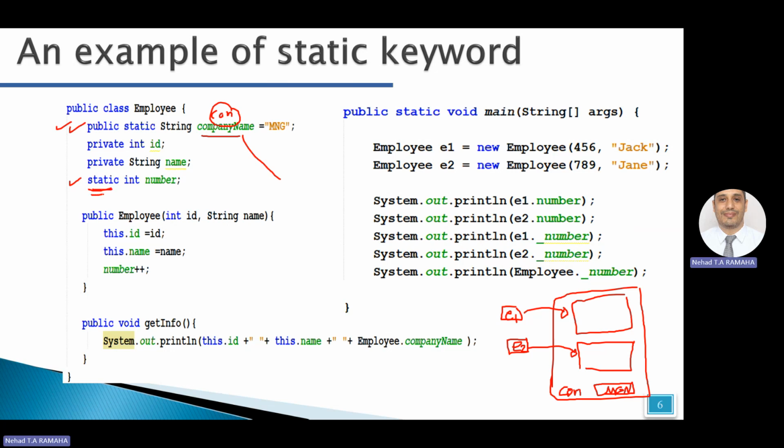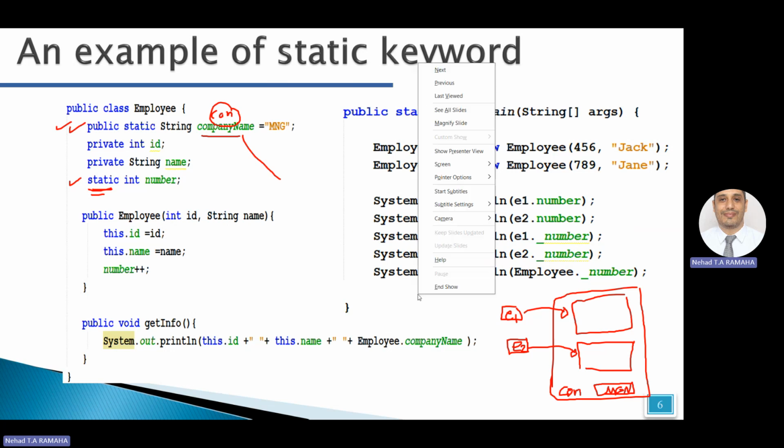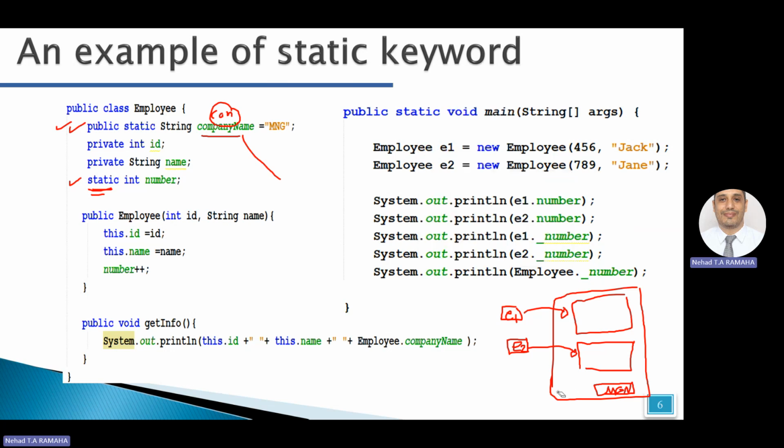This one, why is it static? Okay, a static value is a shared value between all the objects. Yes, it's a shared value between all the objects because it belongs to the class. So all the objects will use the same place in the memory.